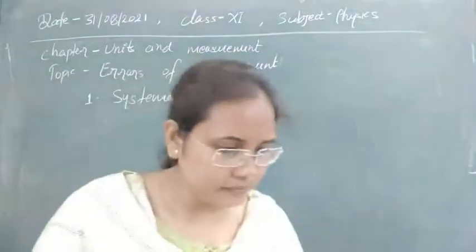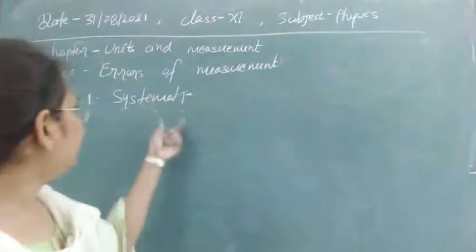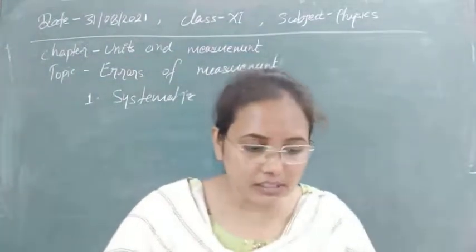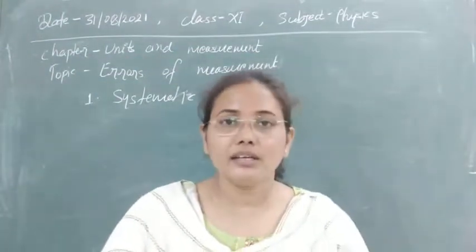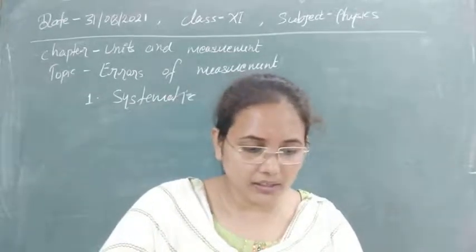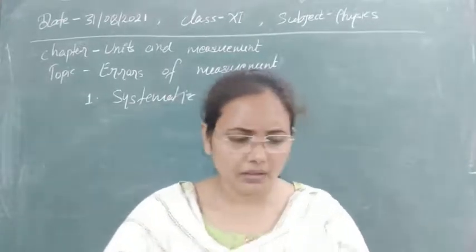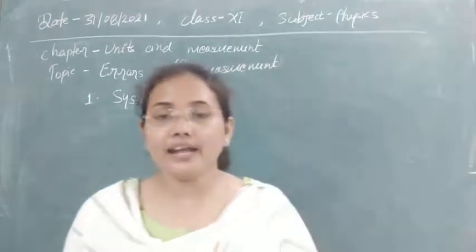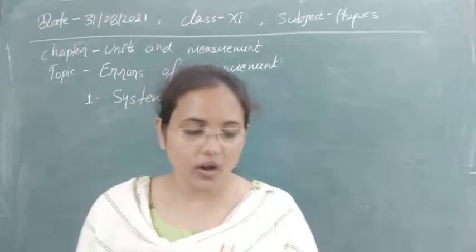In the case of systematic errors, first of all, its definition: these are errors that tend to be in one direction, either positive or negative.